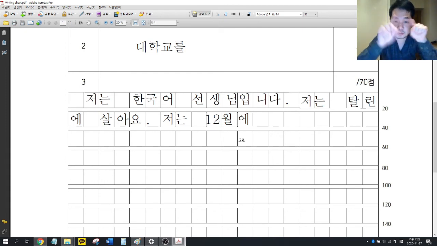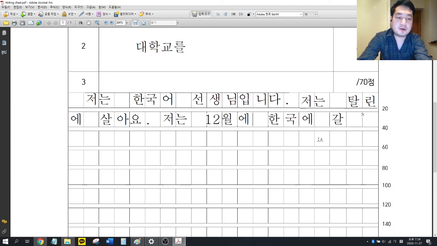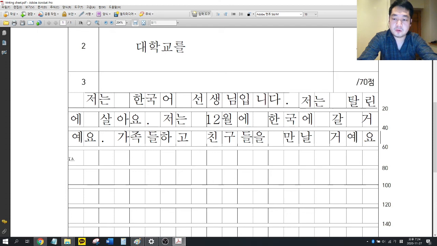But if it's three numbers, you should use two boxes, right? 12월에 한국에 갈 거예요. 가족들하고 친구들을 만날 거예요.